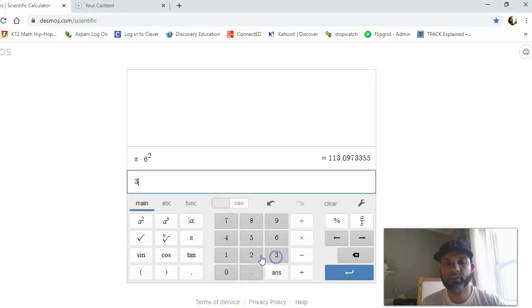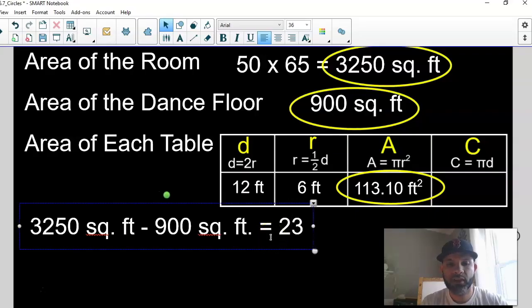All right, let's do that. 3,250 minus 900. And there we see it's 2,350. Okay, 2,350. So we got 2,350 square feet to play with. SQFT.